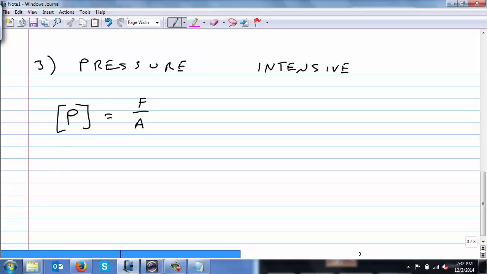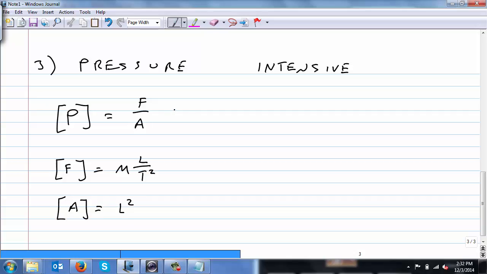Now, what are the dimensions of force? What would you do there with Newton's second law? Mass times acceleration. So I'll write that as mass times length over time squared. And then what are the dimensions of area? Meters squared, so length squared. There we go.